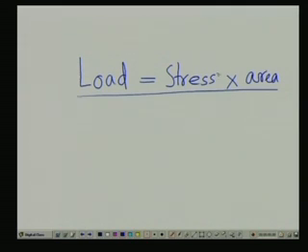Now, if we replace the word stress by another word, strength, I think you won't have any objection. Strength into area. What is the difference? Let us have these two words, one where I use stress and another where I use strength.